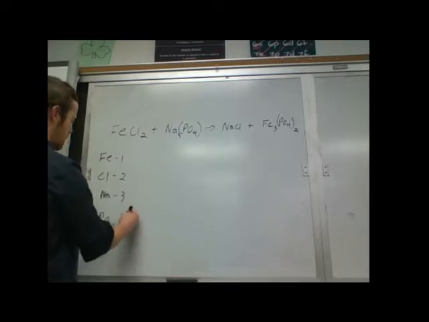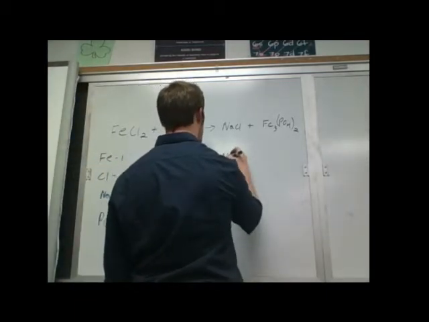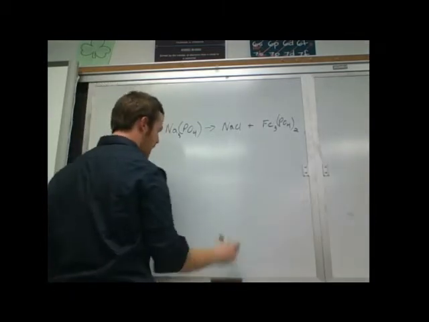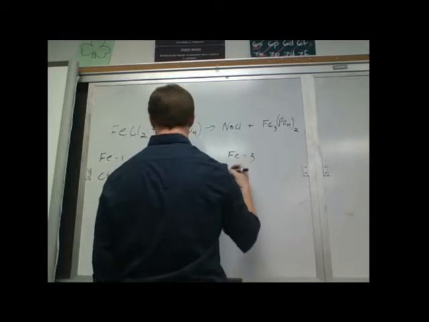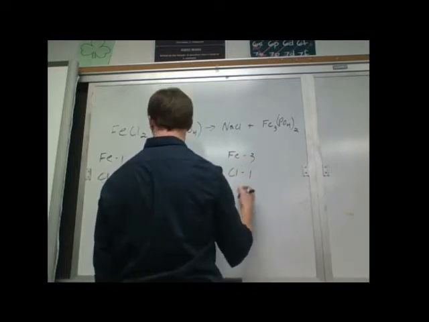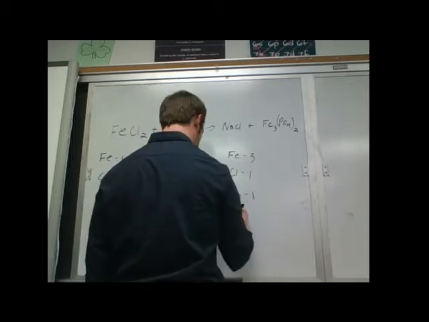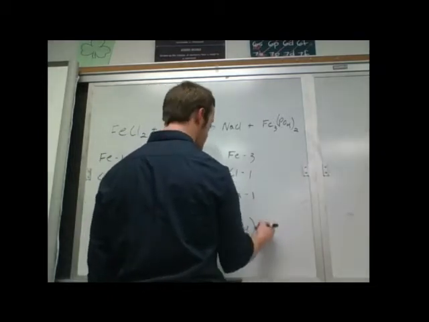In this case, you can keep your polyatomic ion together since it is present on both sides. So actually, to keep these consistent here, iron, I have 3 of. Chlorine, I have 1 of. Sodium, I have 1 of. And my phosphate, my PO4 here, I have 2 of.